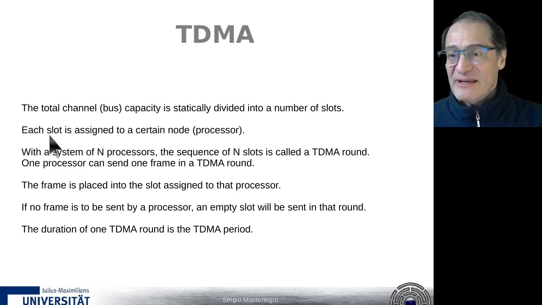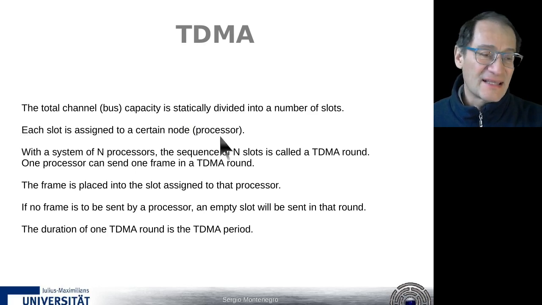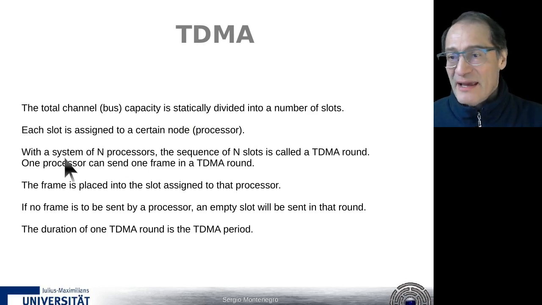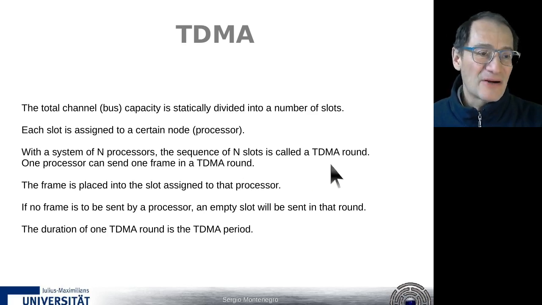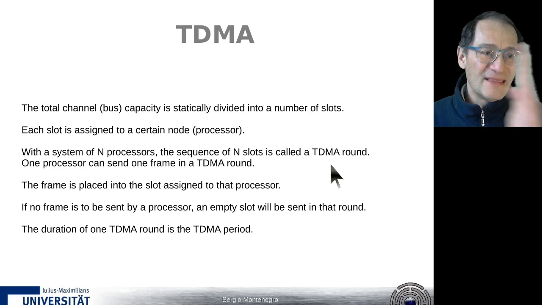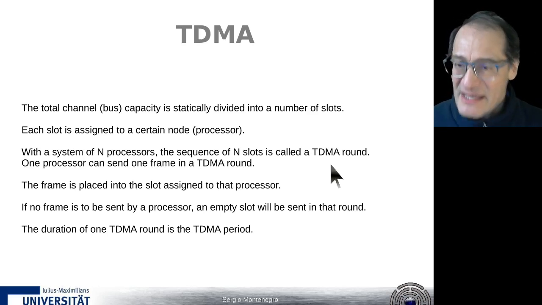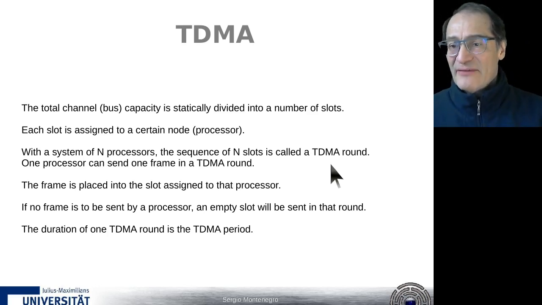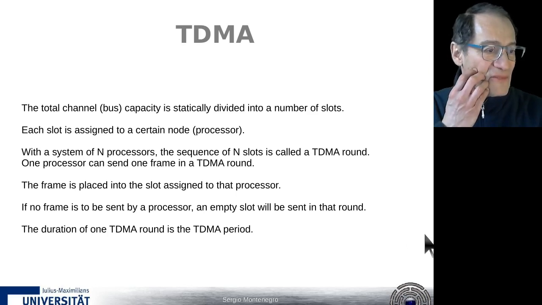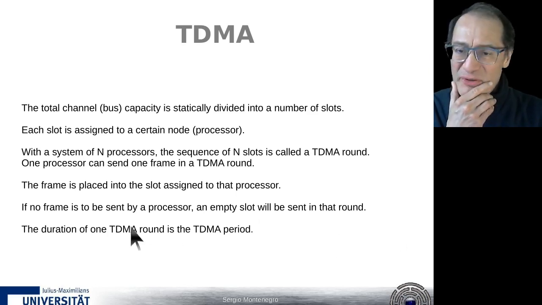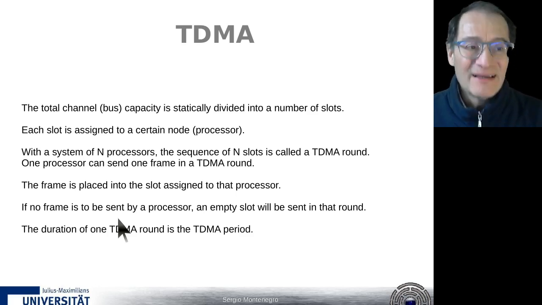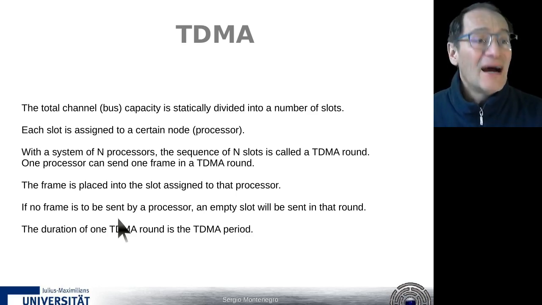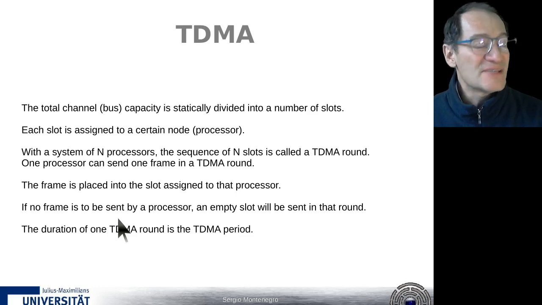Okay, as I said before, each slot is assigned to a certain node, a processor. In a system with n processors, the sequence of n slots is called the TDMA round. So first this, and then we repeat. That is the cycle. And something very important: each processor shall send when it gets its time slot, to keep the system synchronized.